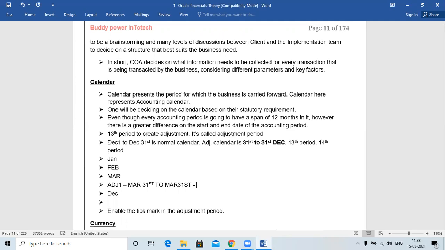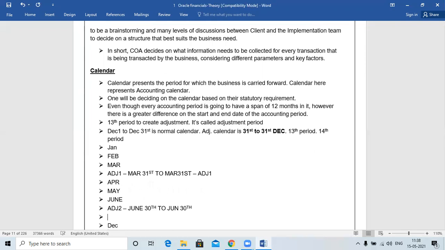This is adjustment 1. April, May, June, adjustment 2, June 30th to June 30th. So you can have as many adjustment periods as you want.